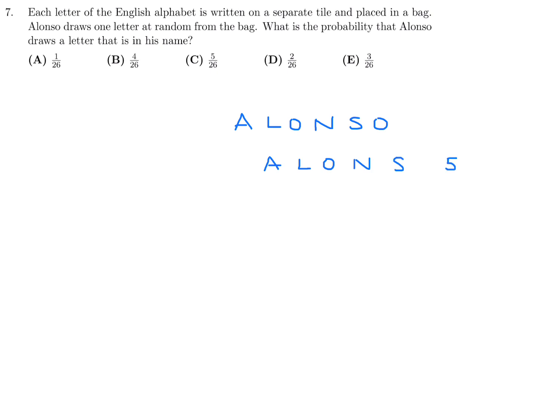Now, in the alphabet, there's 26 letters. So the probability of him choosing a letter that's in his name is 5 over 26. So number 7, the answer is C. Interestingly, 6 over 26 is not even one of the answer choices. Usually they anticipate a wrong answer, but I guess they've been nice and decided not to put 6 over 26.